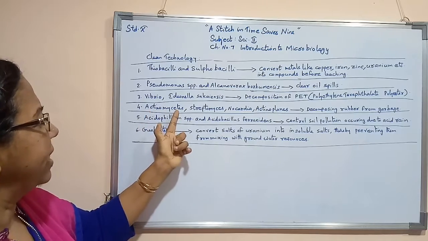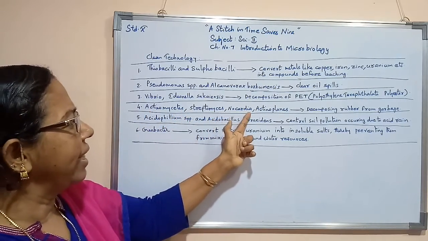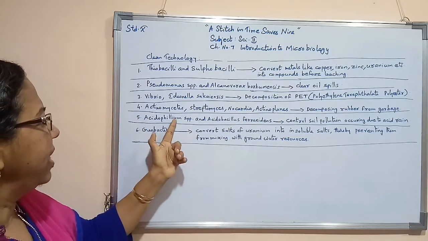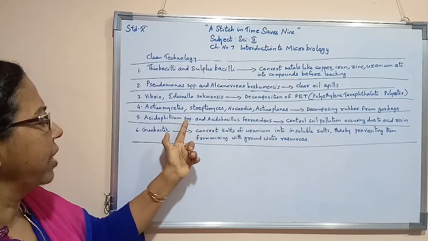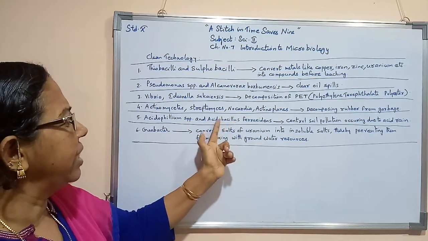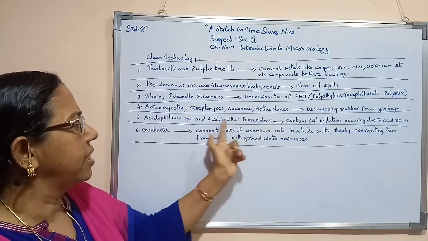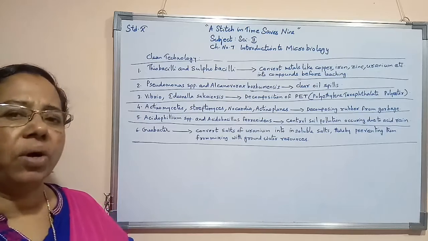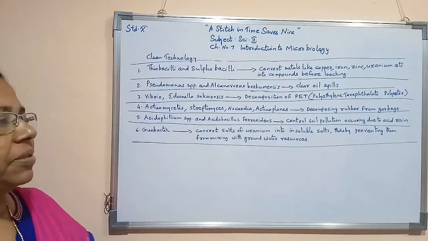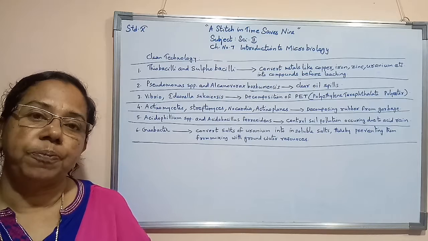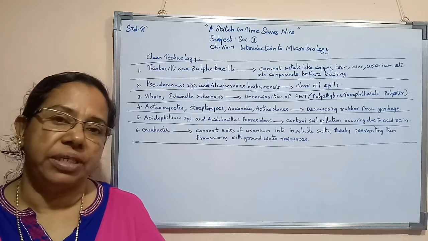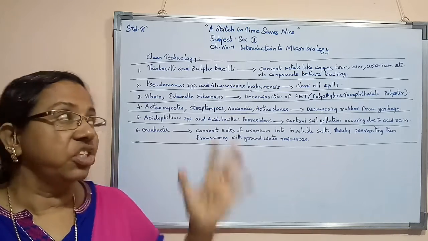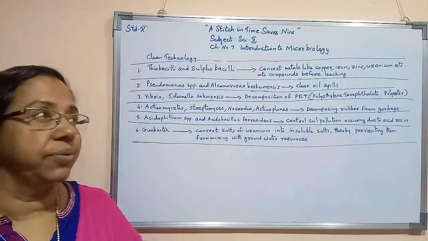Actinomycetes, Streptomyces, Nocardia, Actinoplanes, different types of microbes. Acidophilium spp, Acidithiobacillus ferrooxidans, and Geobacter, other types of microorganisms. These microorganisms are used for reducing the pollution in different ways. Now which actions these microbes are doing, we'll see now.